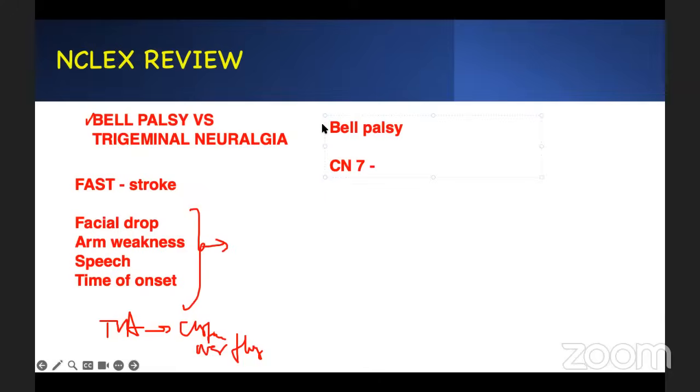And most of the function of 7 is motor function. Therefore, you should expect the patient to have motor issues most of the time. So movement issues are what they're going to show. The facial nerve is in your face, and most of the muscles it controls are in your face.